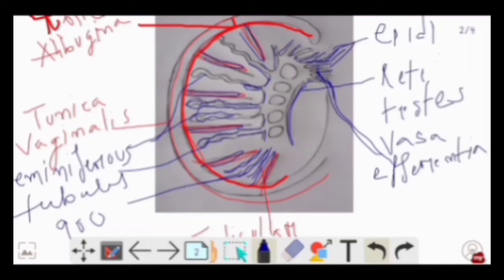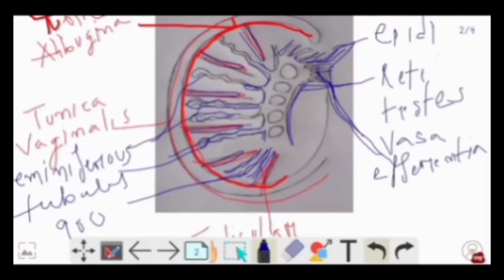So the path of sperm production is first the seminiferous tubules, then the straightened part of the tubule, the rete testis, then the vasa efferentia, and then the epididymis.